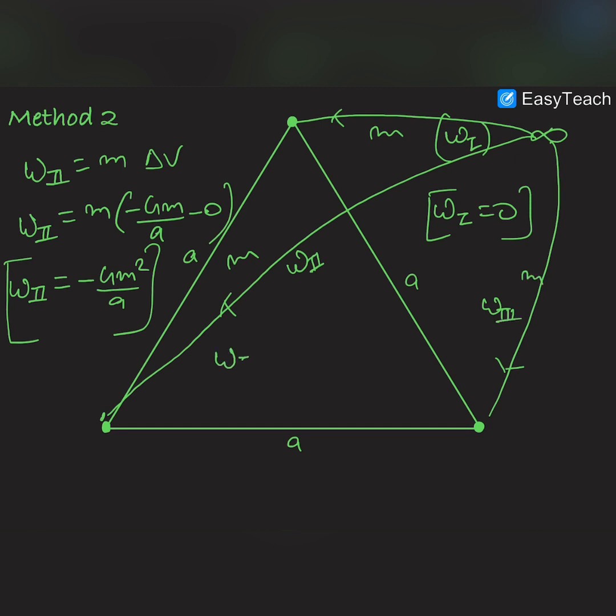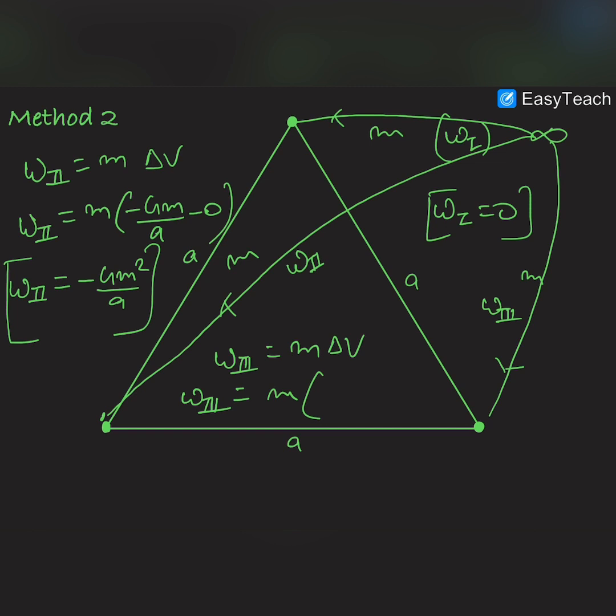So W3 will be equal to m delta V again, where m is the mass which we are bringing and delta V is the potential difference between the final and initial point. This is the final point at which we are bringing this mass, and the potential at this point would be due to this mass and this mass.